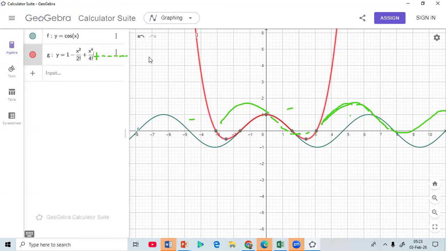You are going to notice that as you continue, it keeps on putting itself there.